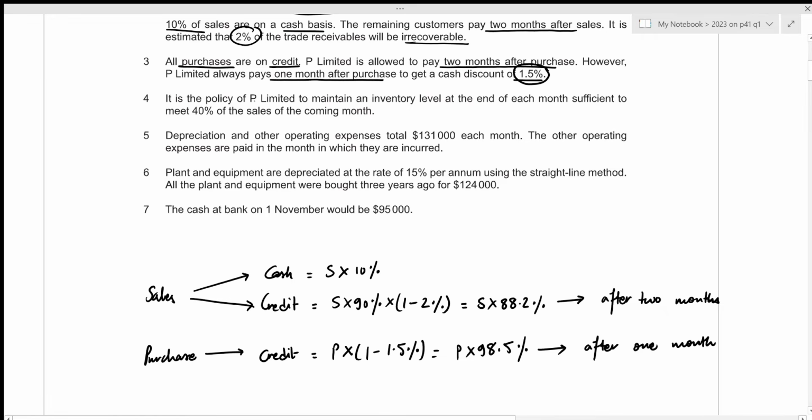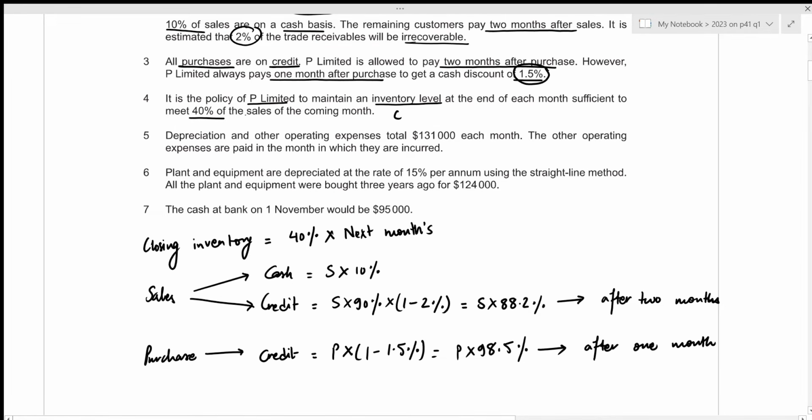Then it is the policy of P Limited to maintain an inventory level at the end of each month sufficient to meet 40% of the sales of the coming month. Okay, so our closing inventory, I'll write this down as well. So closing inventory should be 40% of next month's.